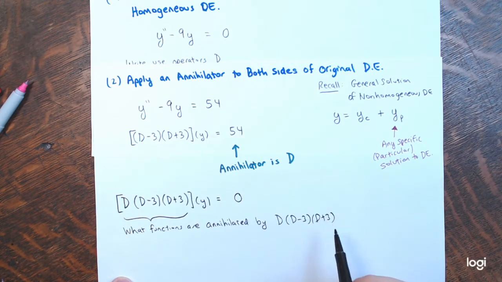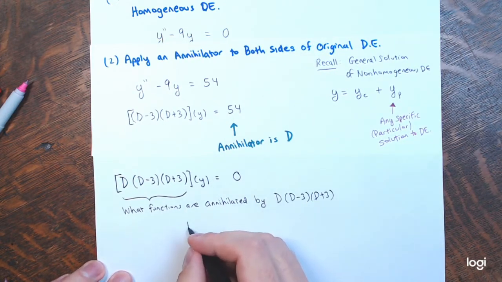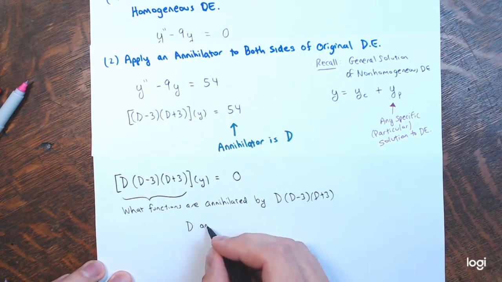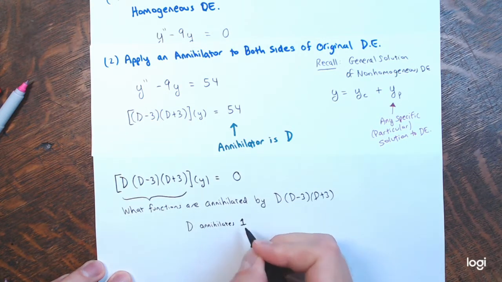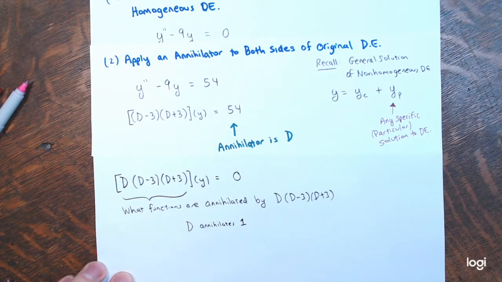Okay. Now, remember, D annihilates 1. That's it. D annihilates any constant, really.